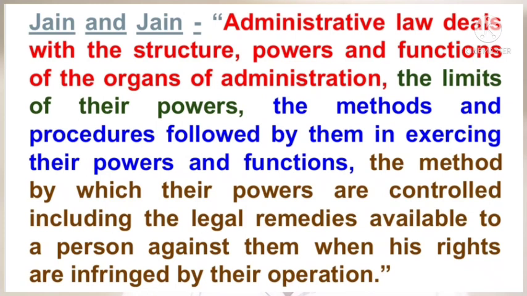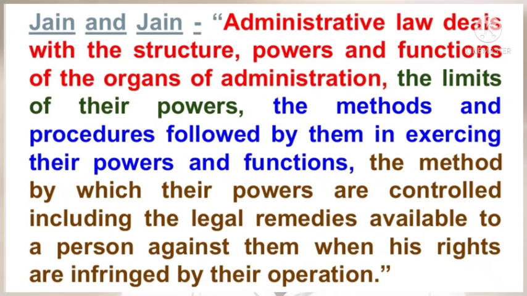Apart from this, there are other authors who define administrative law in their own manner, such as Jain and Jain, which we can say is an Indian approach to administrative law.